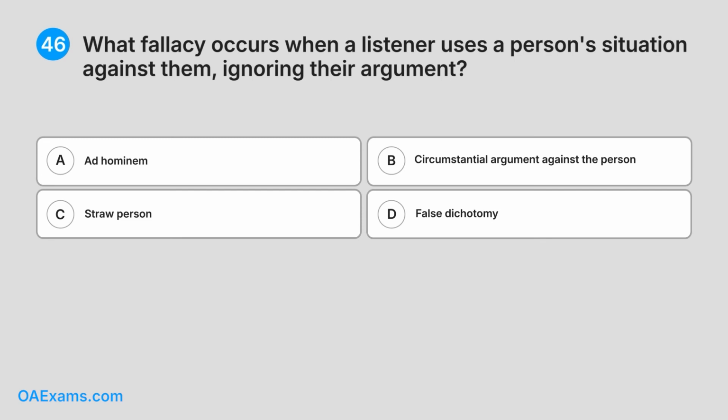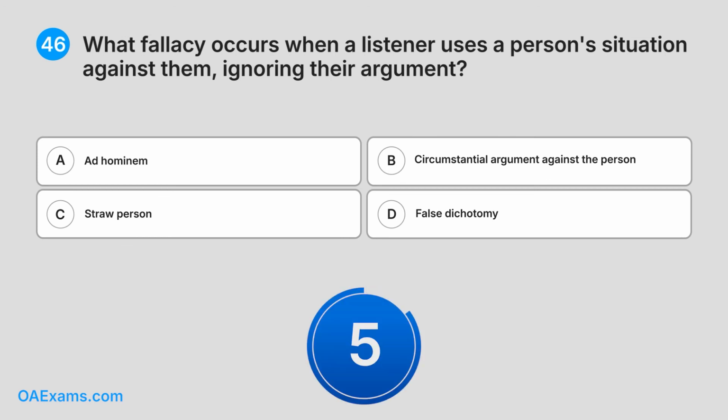46. What fallacy occurs when a listener uses a person's situation against them, ignoring their argument? A. Ad hominem. B. Circumstantial argument against the person. C. Straw person. D. False dichotomy. What do you think is the answer?